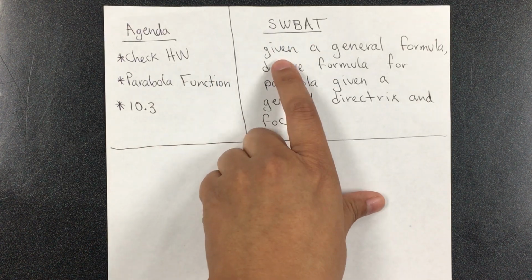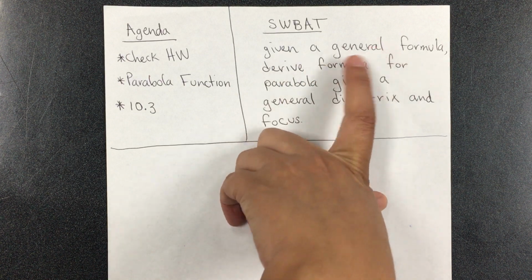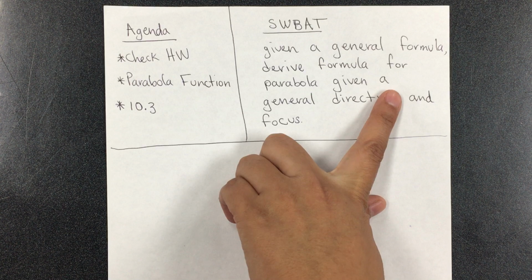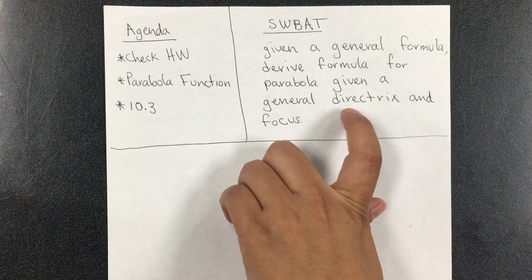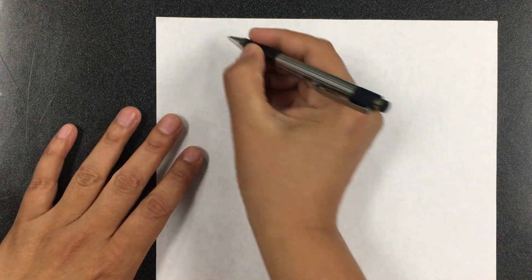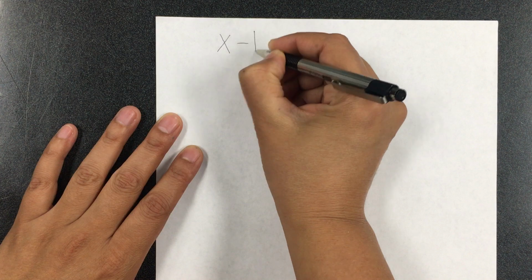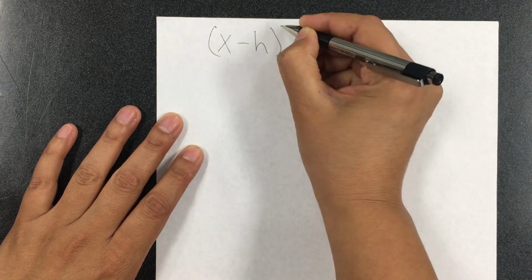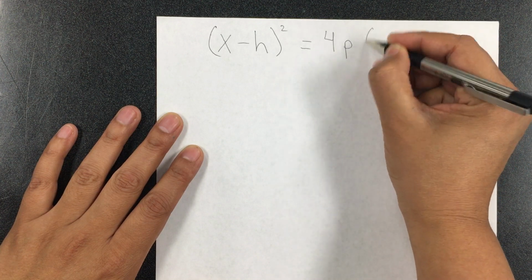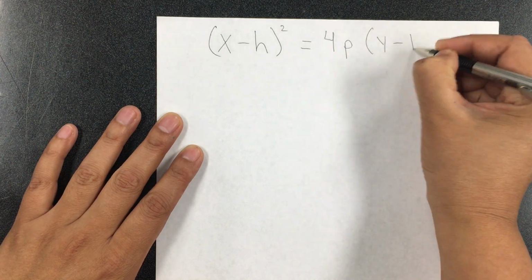Today students will be able to, given a general formula, derive the formula for a parabola, given also the directrix and focus. And the general formula that we will be needing is (x minus h) squared equals 4p times (y minus k).